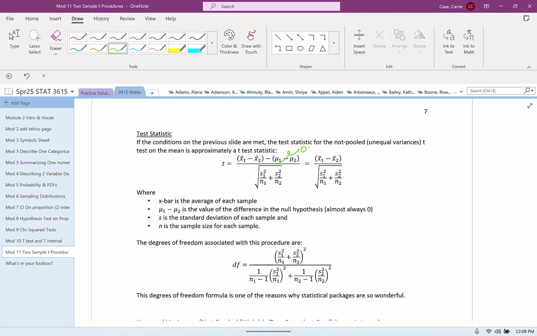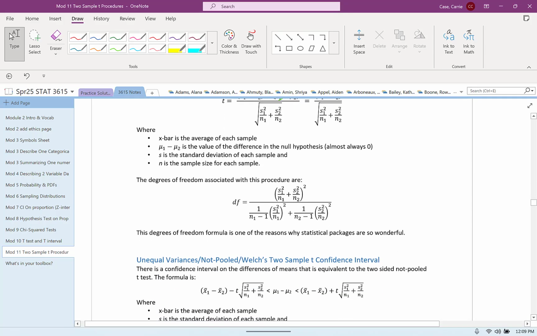Over, and because we have said that these standard deviations or sample sizes are not equal, we use the square root of s1 squared over n1 plus s2 squared over n2 as our standard error for these two sets of data together. The degrees of freedom is actually this weird formula that you see here.